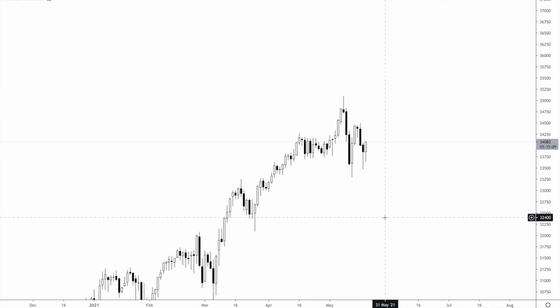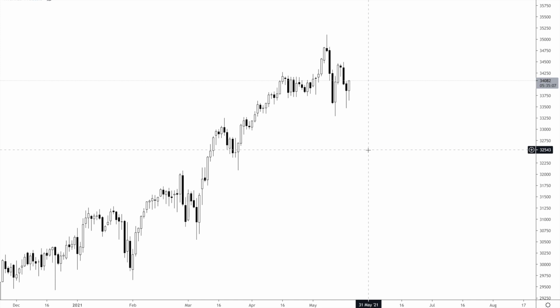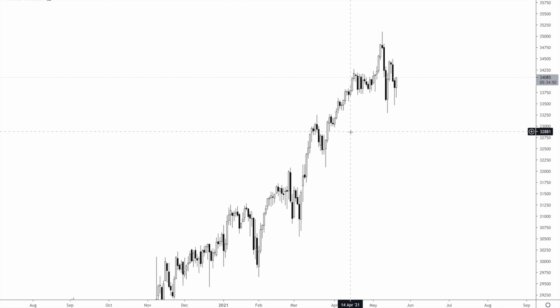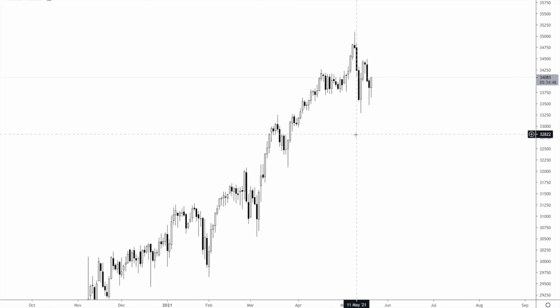I'm on the daily time frame, but I don't really use the daily time frame to trade US30 because I don't really hold US30. I just take trades every morning at a specific time. You can look at the daily time frame for the overall trend, but once you're on the 1 minute time frame, the overall trend from the daily time frame doesn't really mean anything.